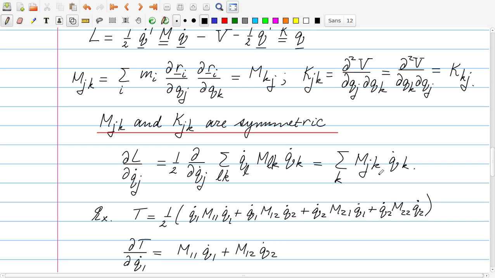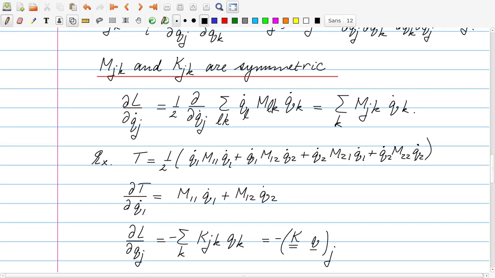And that's precisely this form. And by the way, obviously the derivative of L with respect to q̇_j only derives from the kinetic energy, because the potential energy does not depend on q̇_j. So writing dL/dq̇_j or dT/dq̇_j doesn't make a difference.